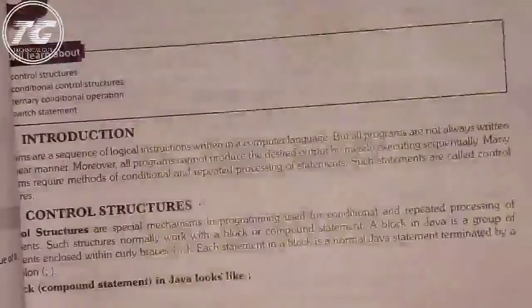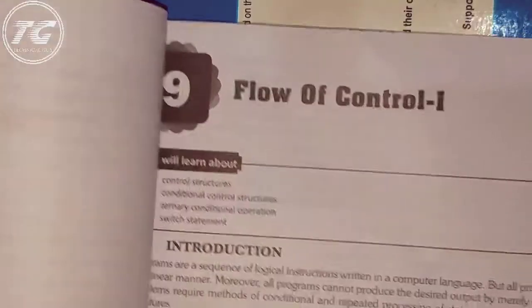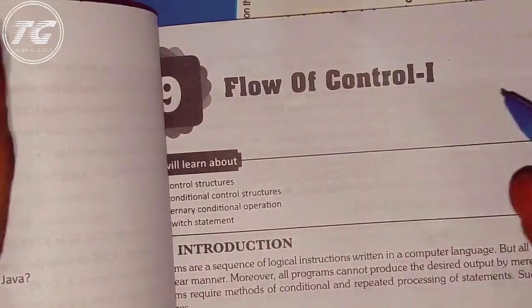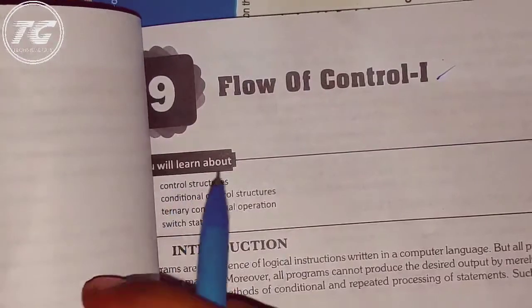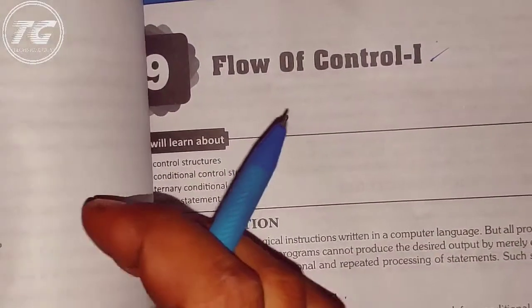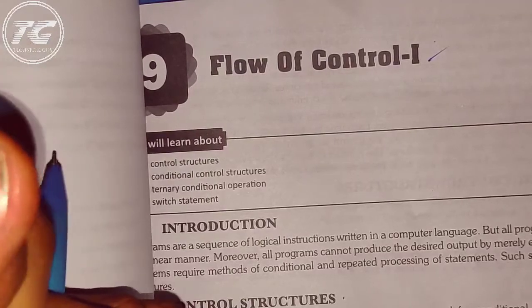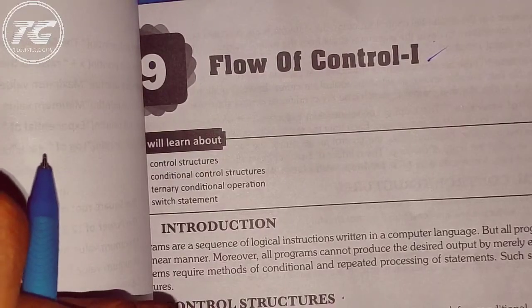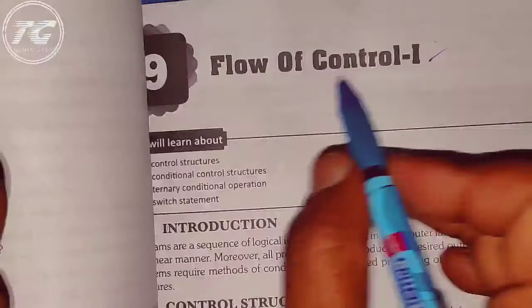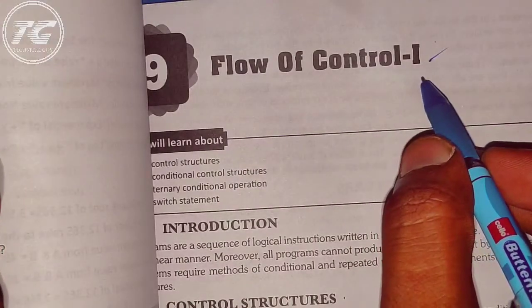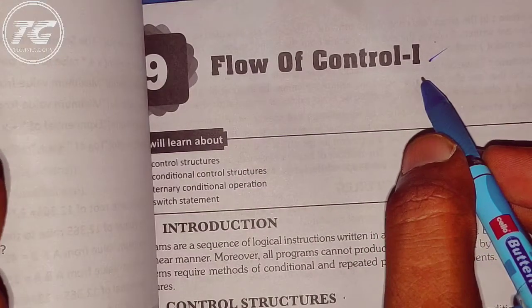So this chapter, Flow of Control 1, is all about how we can change the execution flow of a program. By default, the execution flow in a program is sequential, or linear.